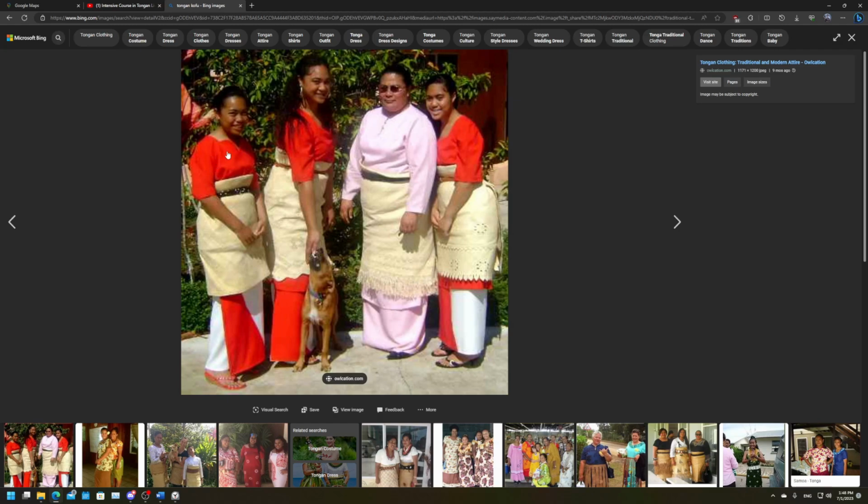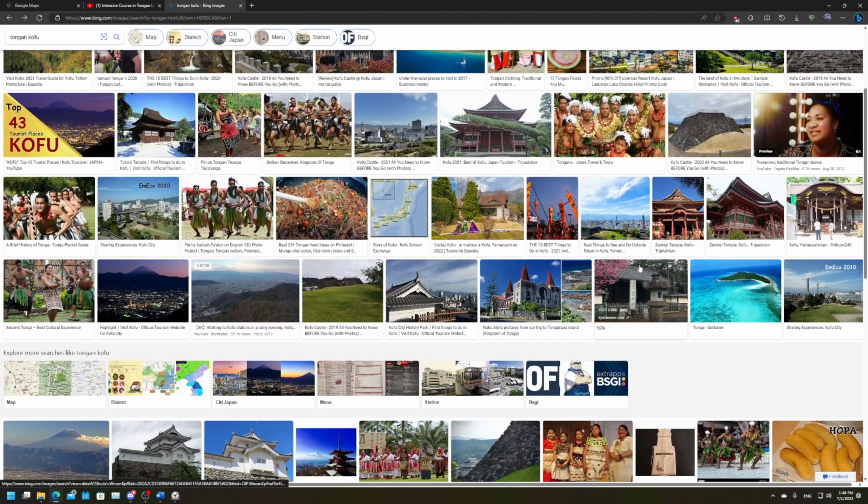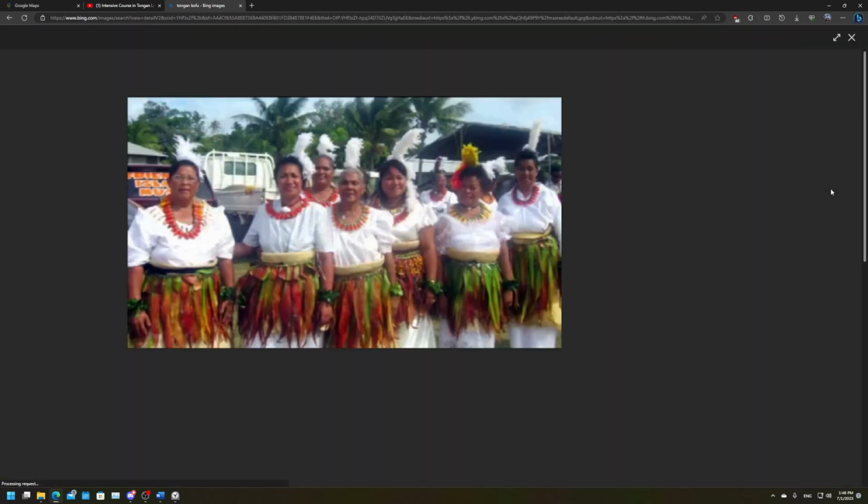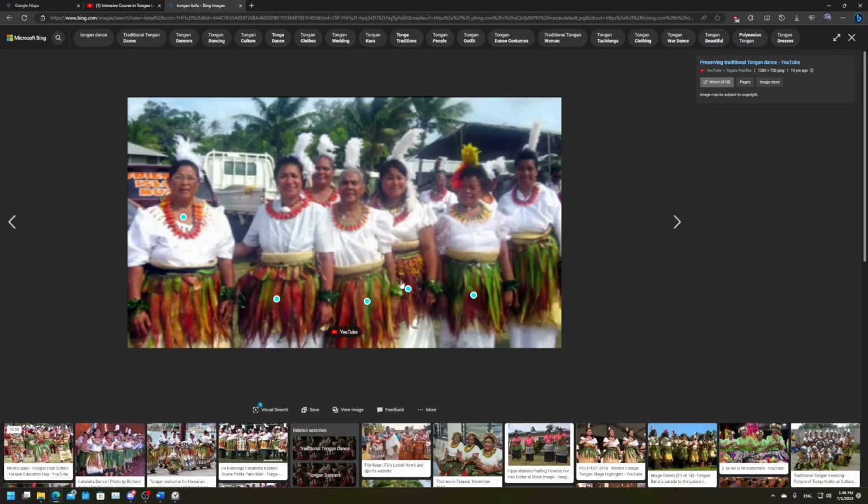A lot of the time it's a solid color, though these ones have a little bit of pattern on them. Oftentimes they'll wear a tall tauvala over it. But this is the traditional Tongan kofu. Usually it goes down to the ankles. There are different ones, as you can see here, these are all kofu.